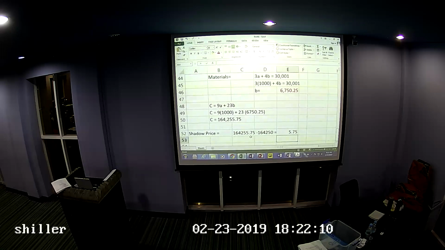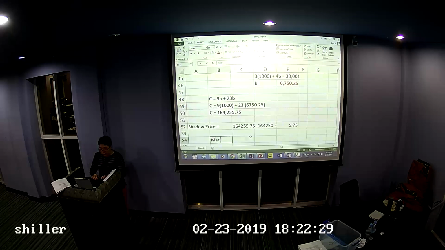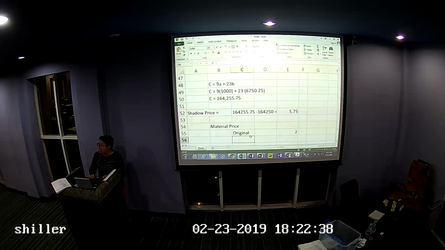How much is the maximum price I am willing to pay? There you are, 7.75. Why is that? What was the original material price? Original is $2, correct?